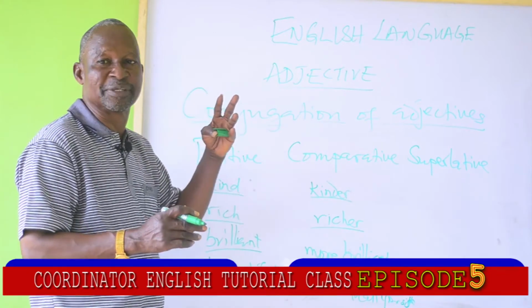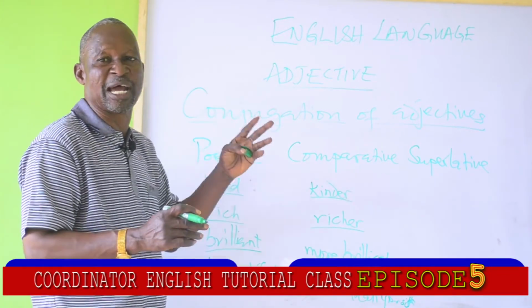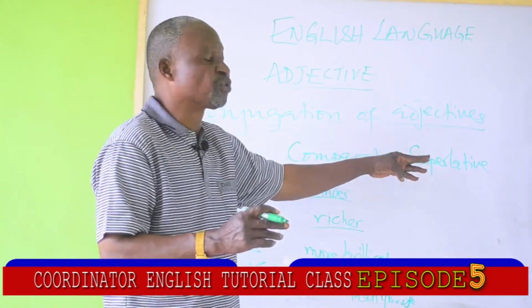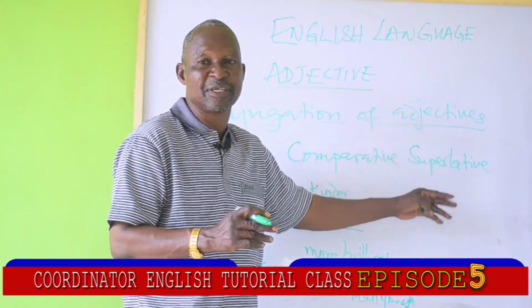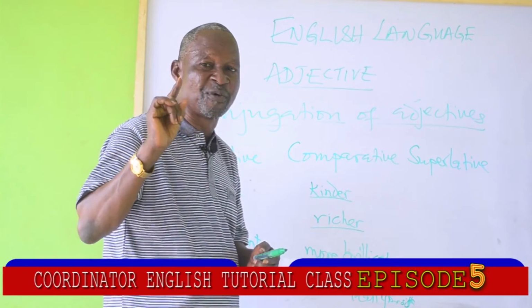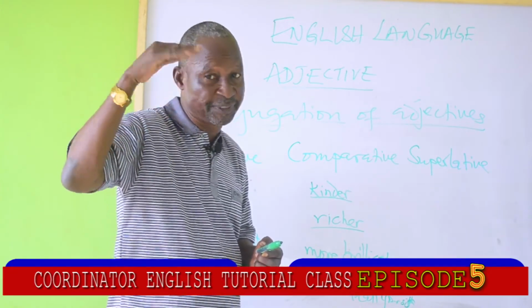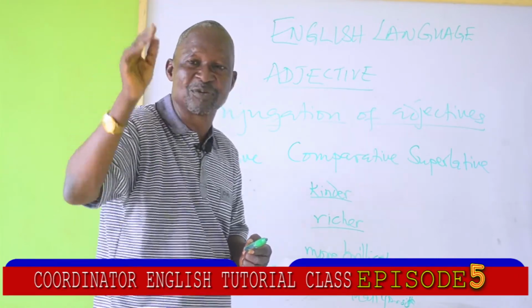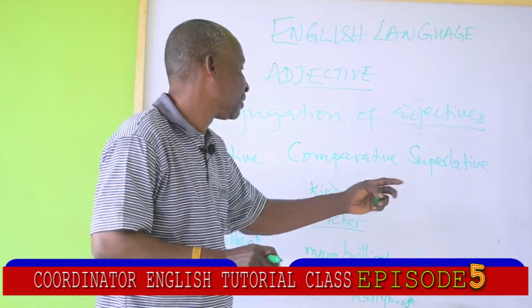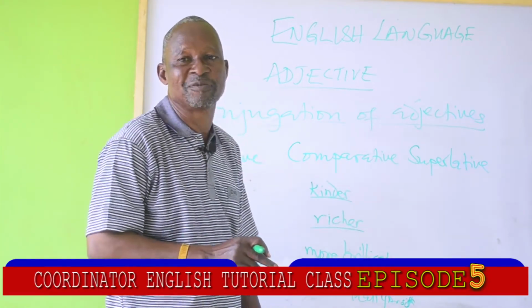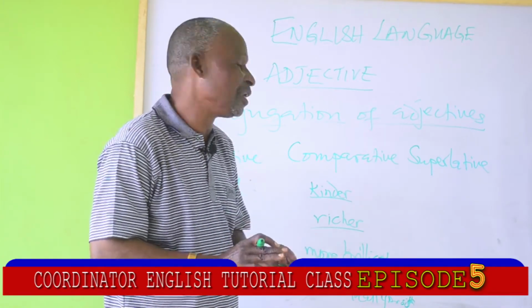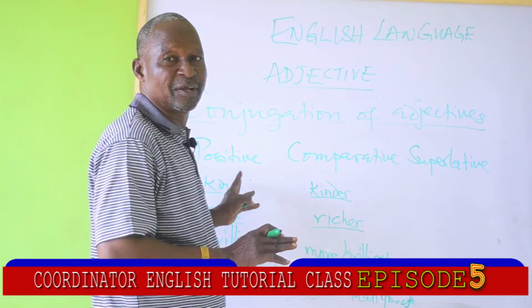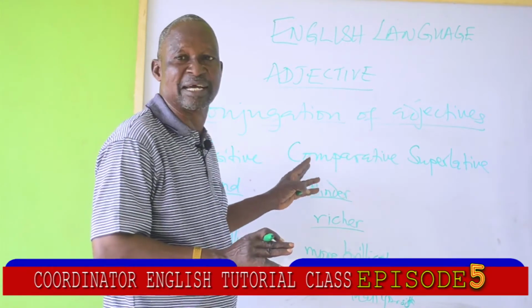Deji is a tall boy. Deji is taller than Kunle. Something like that. The superlative is for more than two, from 3 and more than 3. 3, 4, 5, 6, uncountable. From 3, superlative becomes very relevant. If you say the man is kind, then we say the man is kinder than his friend.